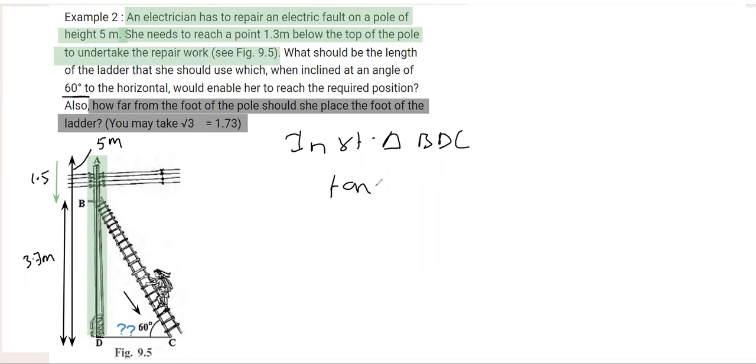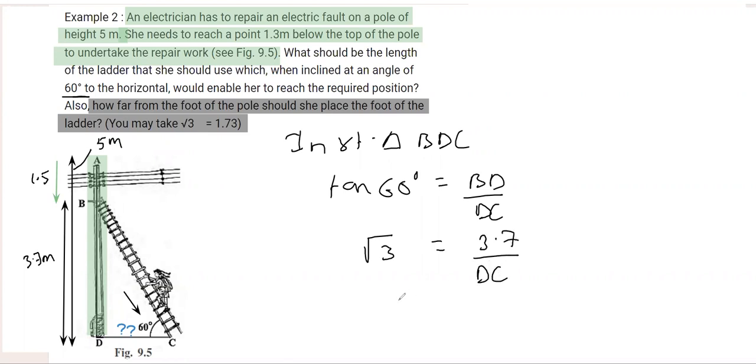So let's say in right triangle BDC, we apply tan 60, which is equal to perpendicular, that is BD, upon the base, which is DC. Tan 60, whose value is √3, BD, whose length is 3.7 as calculated, and DC is what we have to get. So by cross multiplication, we can say DC is equal to 3.7 upon √3.